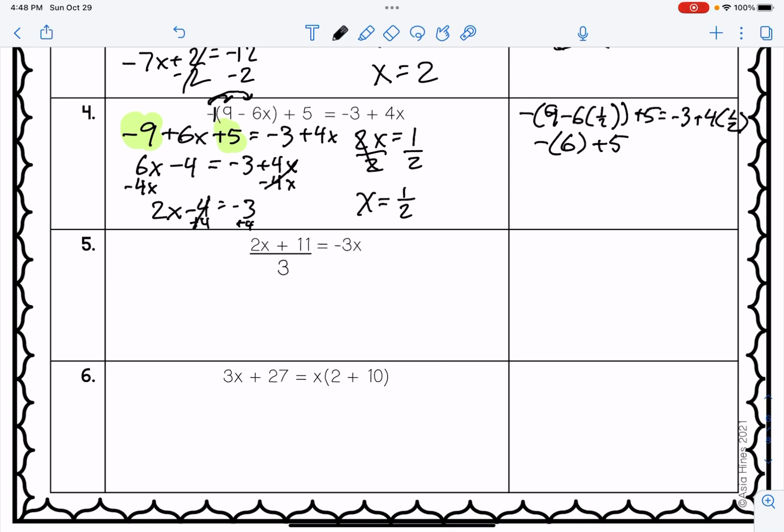So this is really going to simplify down to negative 6 plus 5. And negative 3 plus half of 4 is 2. Negative 6 plus 5 is negative 1. Negative 3 plus 2 is negative 1. And it checks off. We're good to go. We maintained that equality.